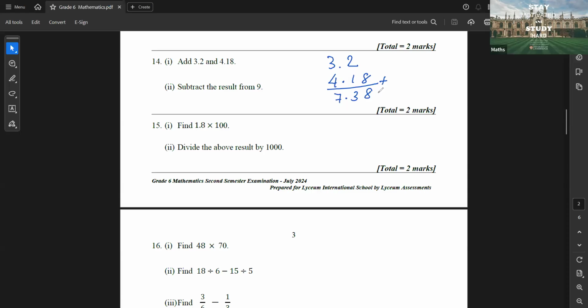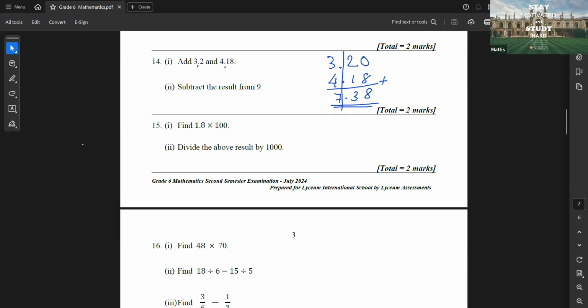So the answer is 7.3. How do you do decimal addition? You write like under like, with the decimal points in one line. That's the easiest way to do this question.